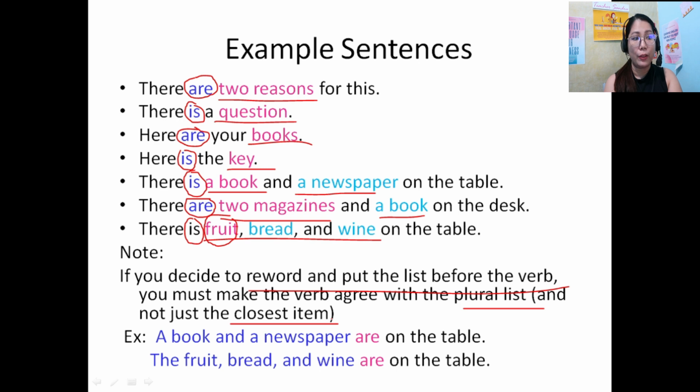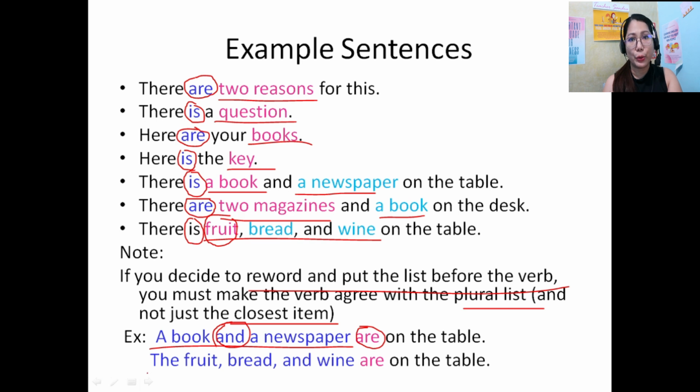Here, a book and a newspaper is a compound subject using and. Two subjects, two different things, plural. So you have to use are.